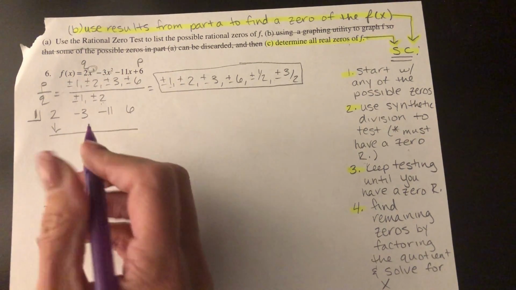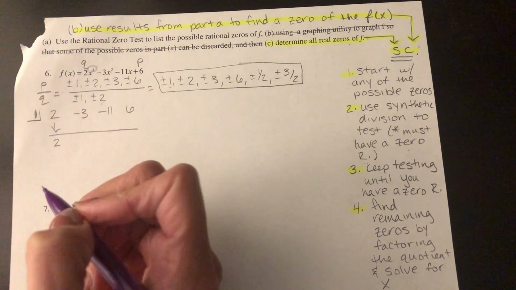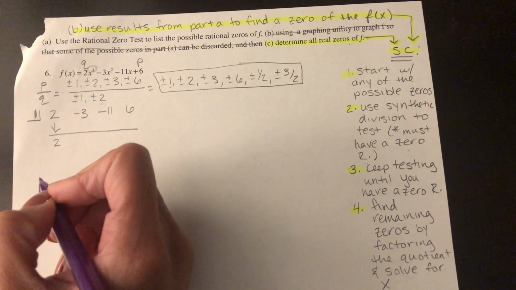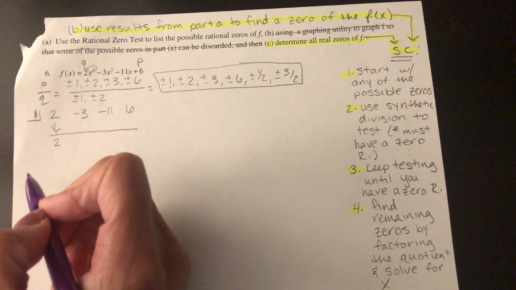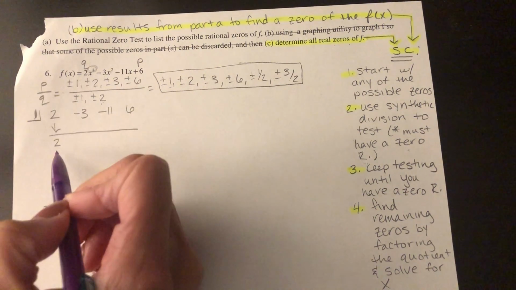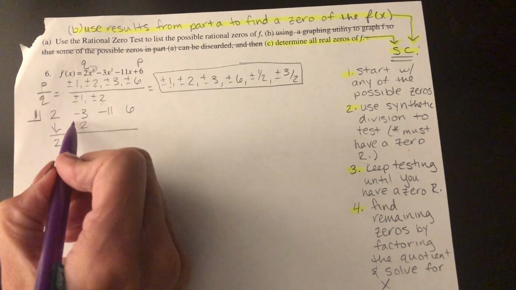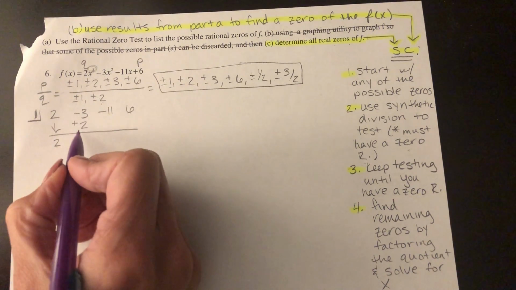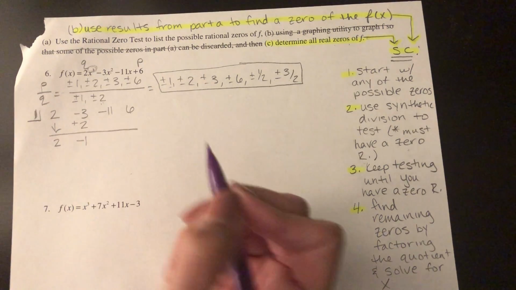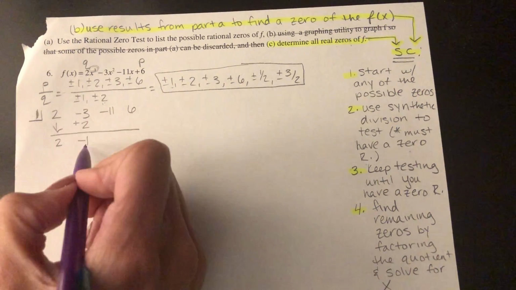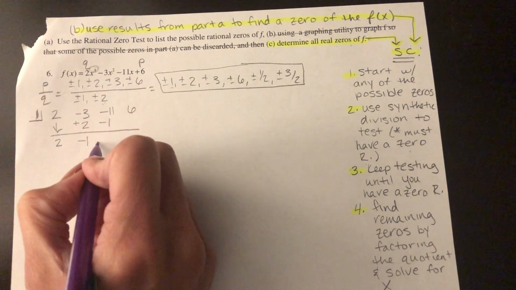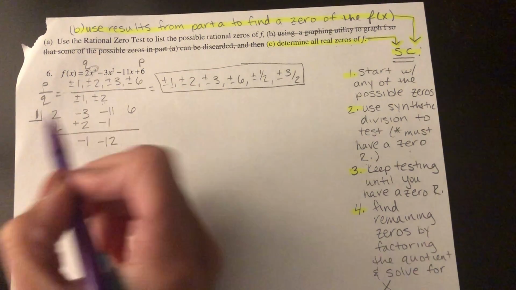And then I'm going to use synthetic division. So I start by bringing down my 2, and then my process is multiply, add, multiply, add, multiply, add. So multiply 1 times 2, and then add negative 3 plus 2, negative 1. Multiply 1 times negative 1, add, and you get negative 12.